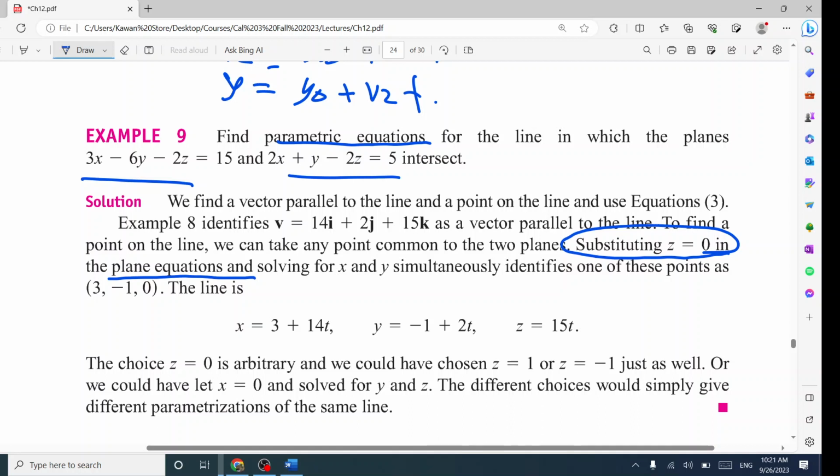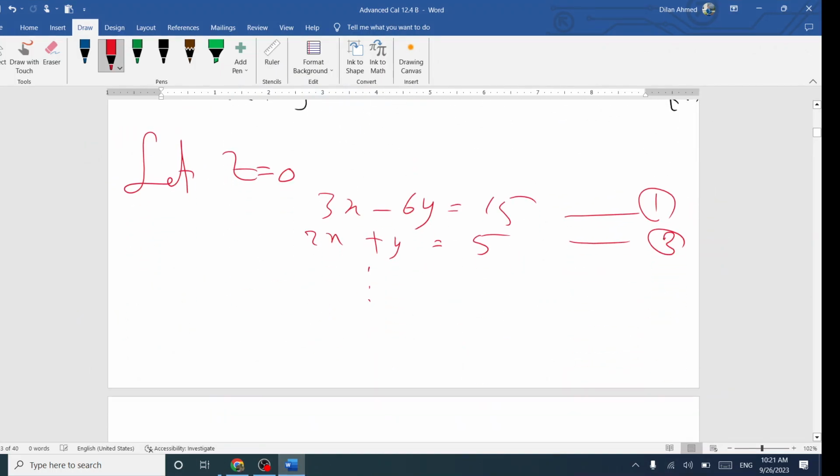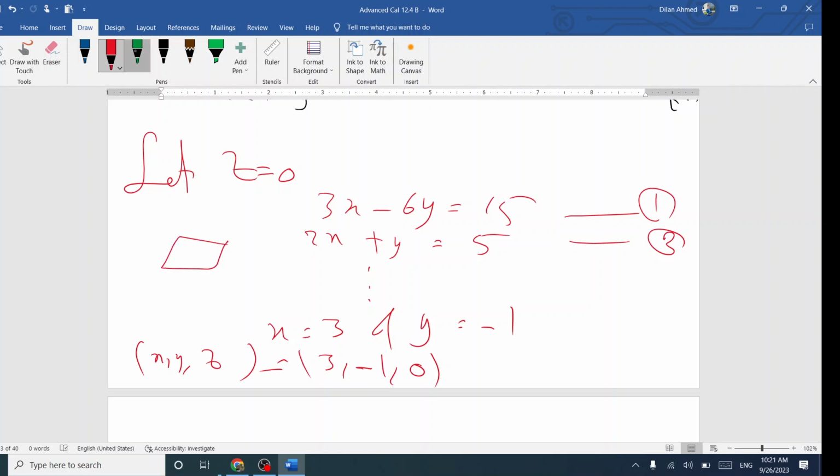Look, we got 3 and minus 1, so x is equal to 3 and y will be minus 1. So the point is 3, 1, minus 1 and 0. But what are x, y, z?